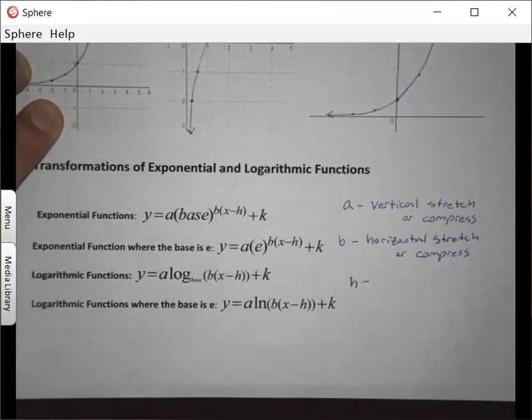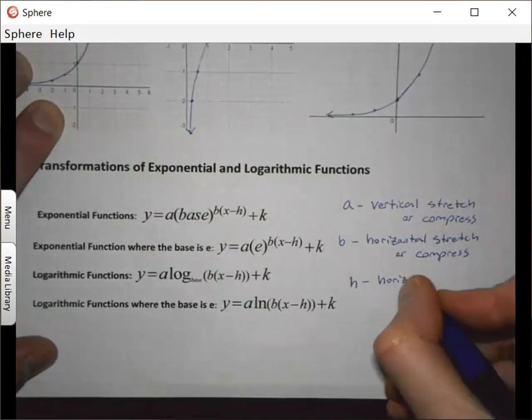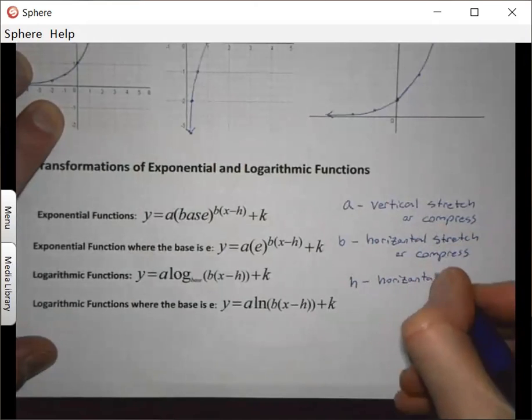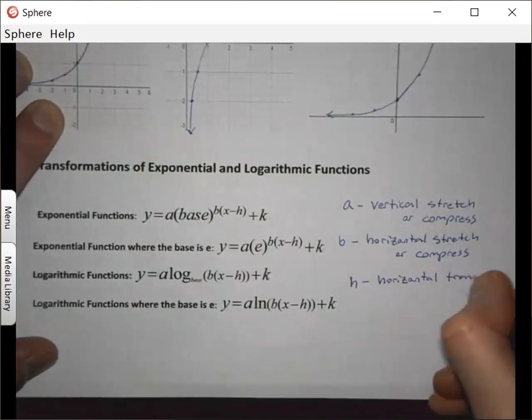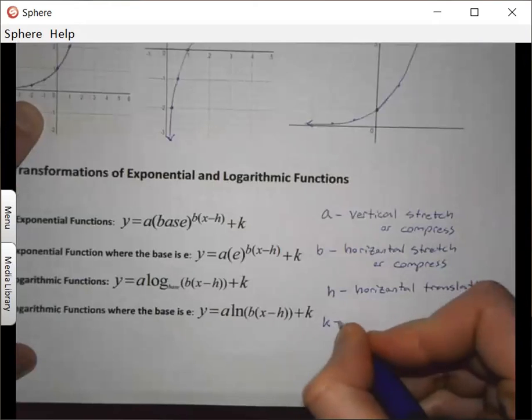H is going to be our horizontal translation. And K will be our vertical translation.